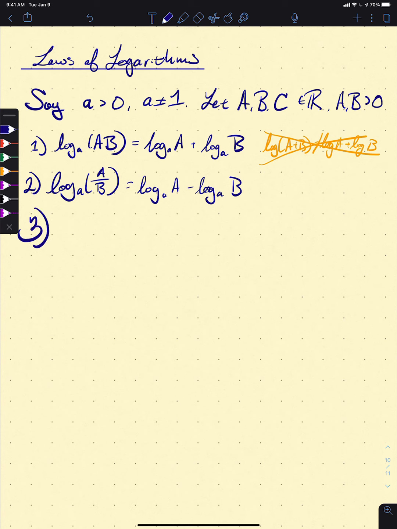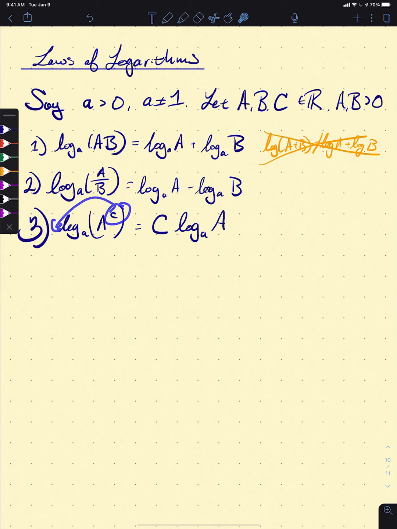And then our third one, okay, let's say we have log base a of A to the C, okay? And the nice thing about logarithms and how they handle these exponentials in here is that even if this big A is different than this small a, we can pull out this C and get C log base a of A, right?